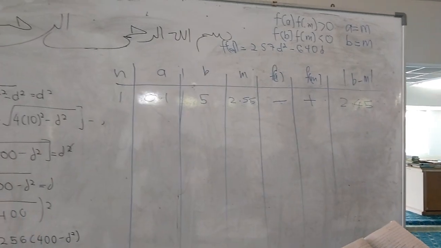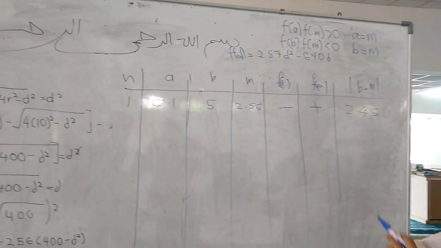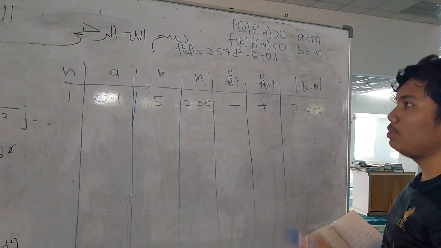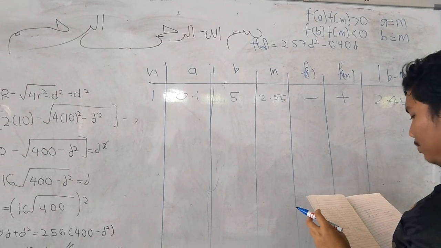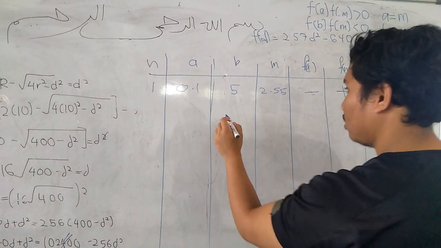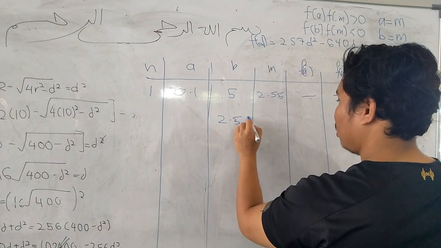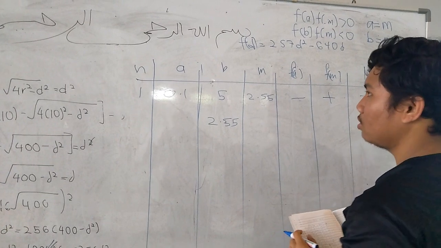So we know if it is the negative sign, B will be equal to the new median. So B will be the new median. Okay, so the median will be at B.